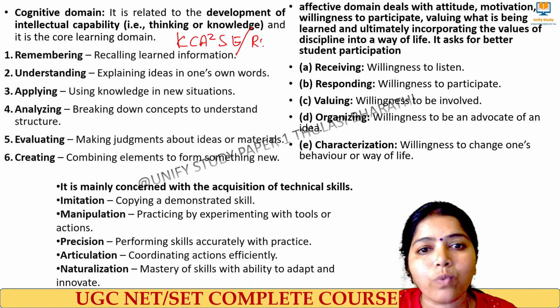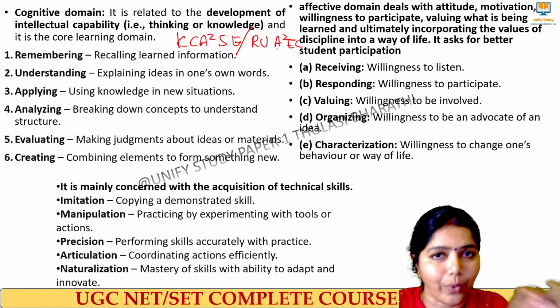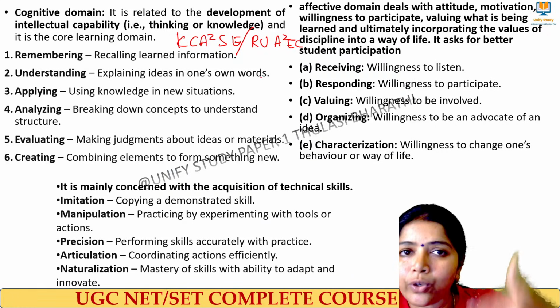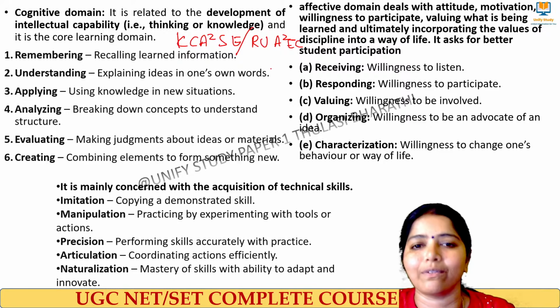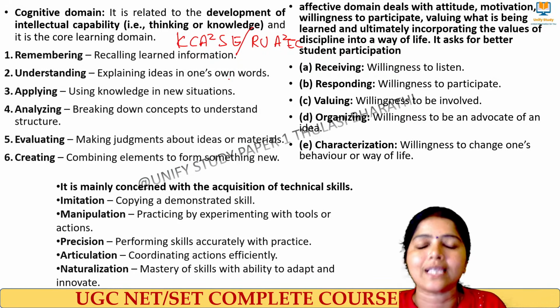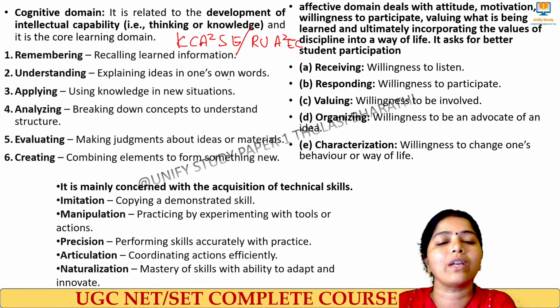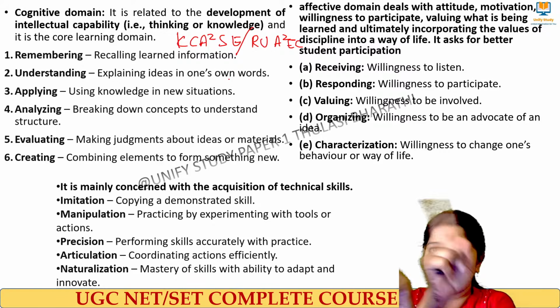The new one is RUA squared EC, the revised version of the cognitive domain. But both talk about knowledge, comprehension, apply, analysis, synthesis and evaluate. In the revised version, synthesis and evaluate were shifted.